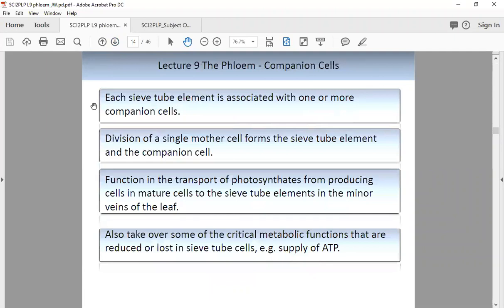All right, so as we saw earlier, each of the sieve tube elements is associated with one or more companion cells. These are supportive cells. And it's interesting that division of a single mother cell results in the formation of one sieve tube element and the formation of one companion cell.